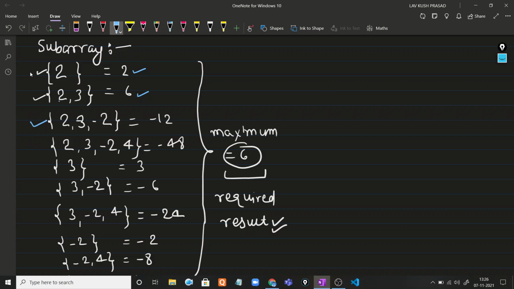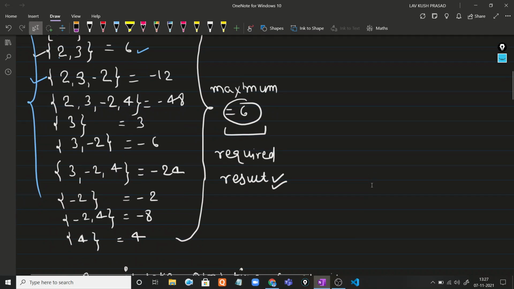And similarly for all the subarrays. And after that, we take the maximum, so our answer would be 6. So this is our required answer, okay.